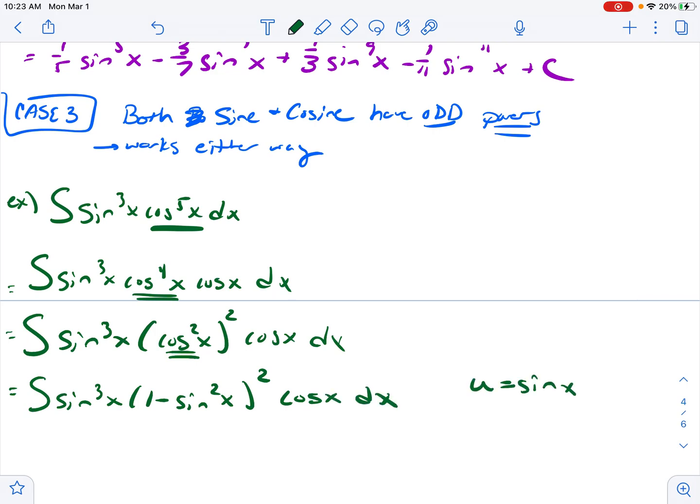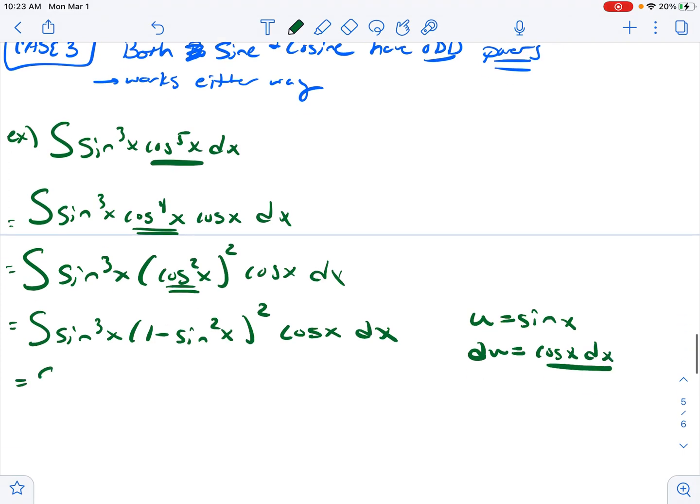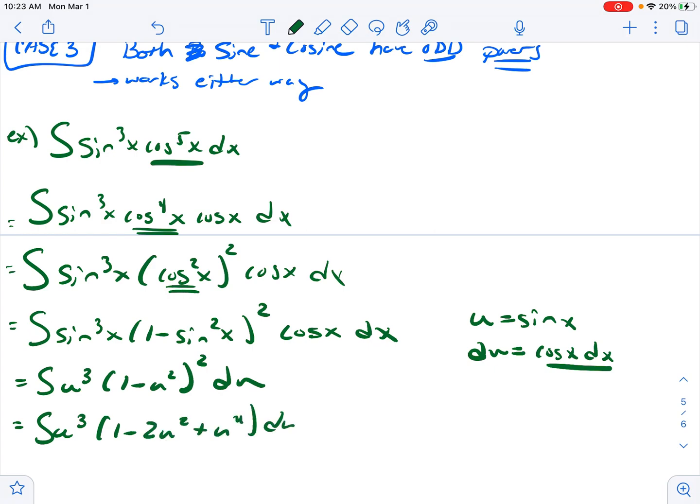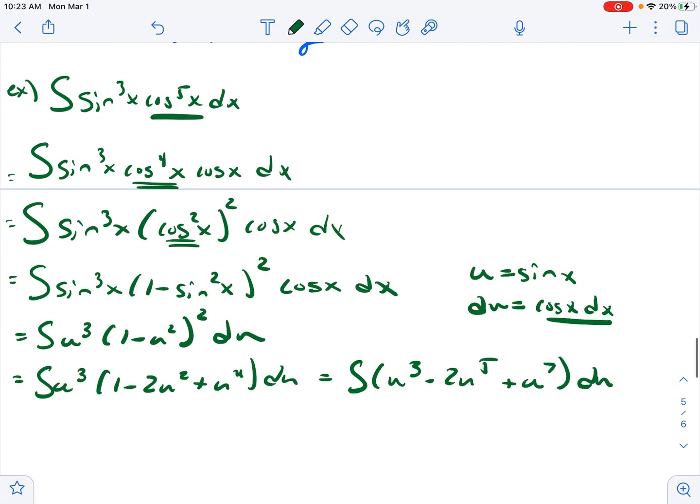u will be sine, du is cos x dx. So this becomes u cubed times 1 minus u squared du. Following suit, 1 minus 2u squared plus u to the 4th. Distribute: u cubed minus 2u to the 5th plus u to the 7th.